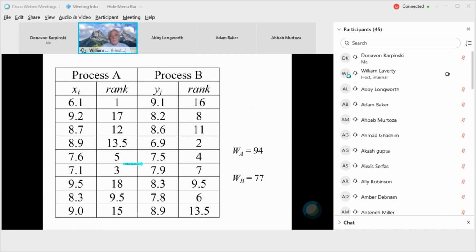So take observations in process A and process B. Then you rank the observations in the 2 processes from 1 up to, I guess, the largest one would be 18.